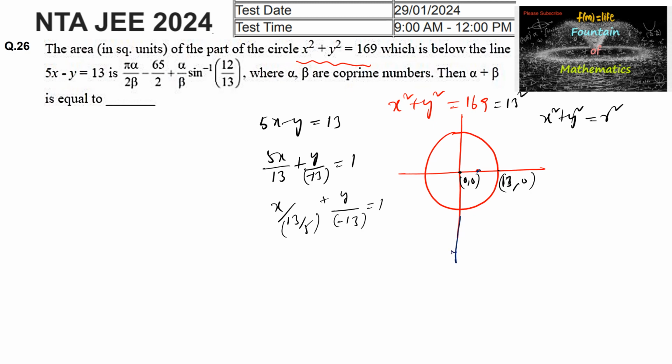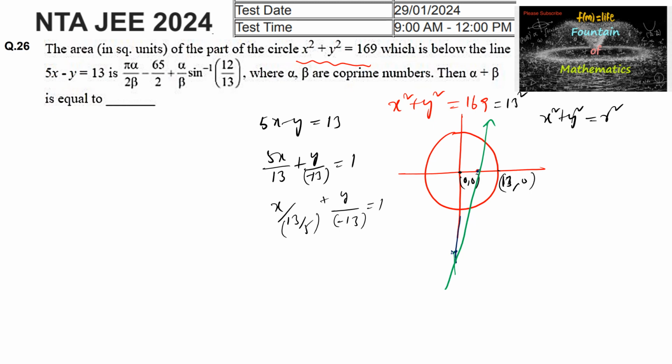So we can say the line is passing, so this is how the line is passing. 5x minus y is equal to 13, and it is given that the area which is below the line is given.